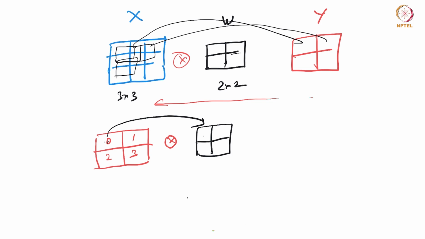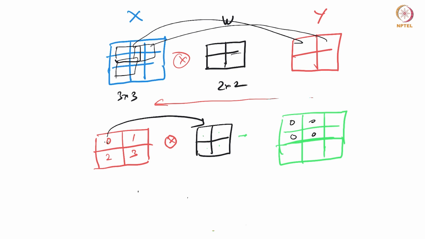Let me draw this for one element. I'm not going to give you the elements themselves, but your output in this case will turn out to be 3 cross 3. The way we construct it is we take this element in the input and multiply each one of the elements here with it. Of course, this will all be zeros, so you will get 4 zeros.